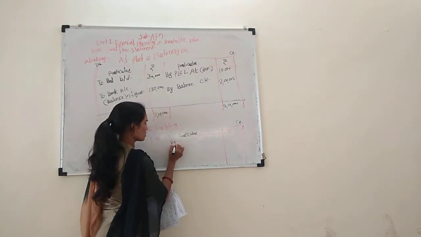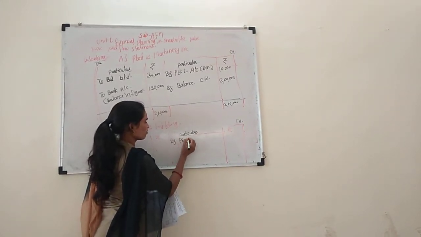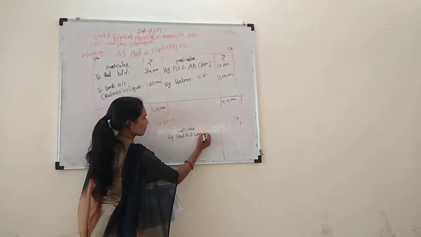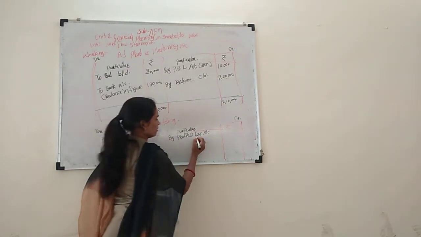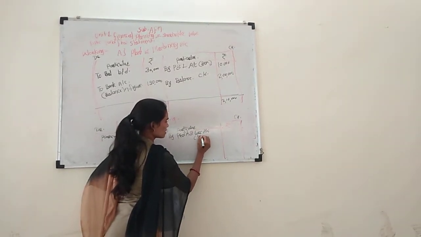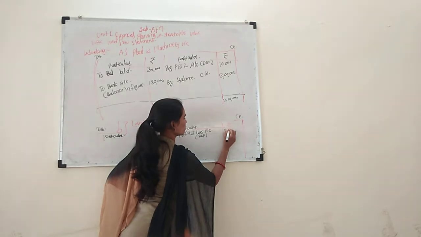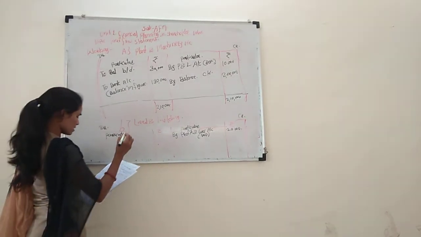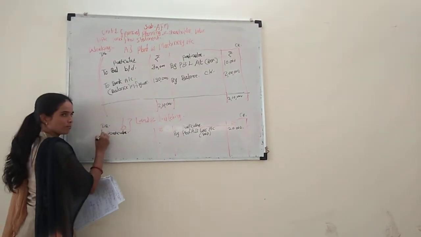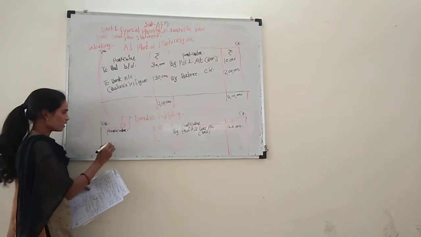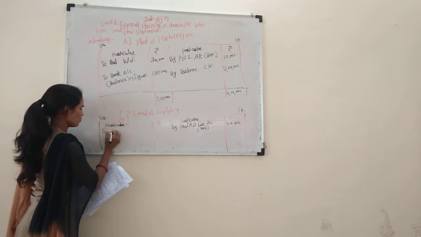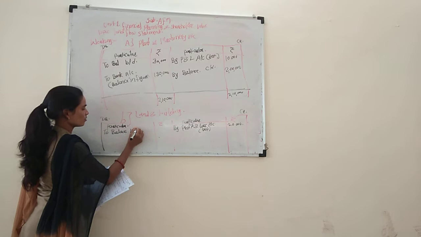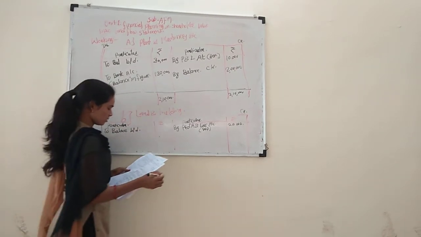By profit and loss account, in bracket depreciation 20,000. To balance brought down, show the balance sheet 2018 and 19. To balance brought down 2 lakh.